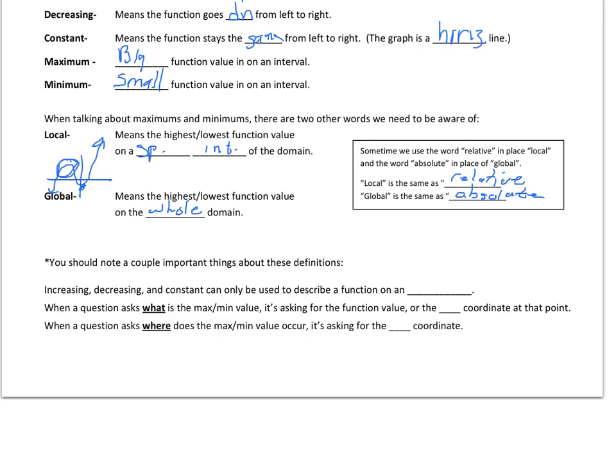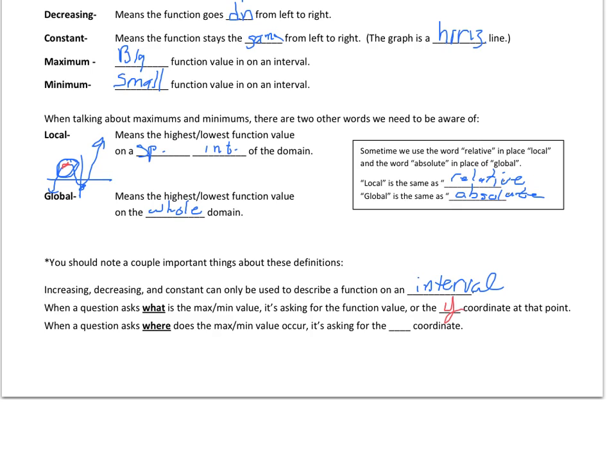Okay, so a couple things about these definitions. Increasing, decreasing, and constant can only be used to describe a function on an interval. When a question asks what the max or min is, for this point right here, it is asking for the function's value, or the y coordinate.